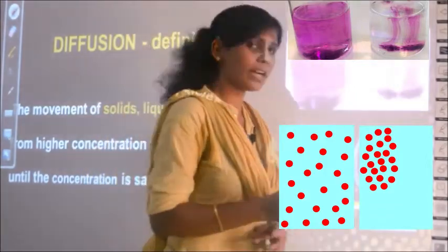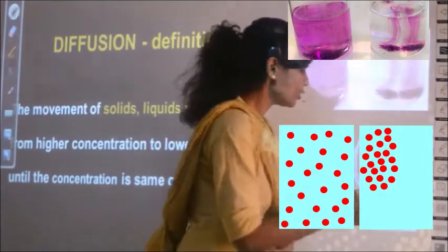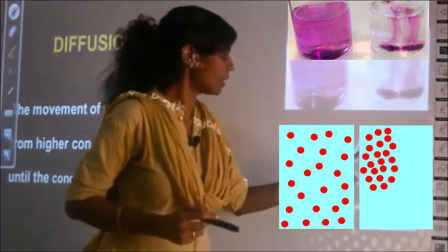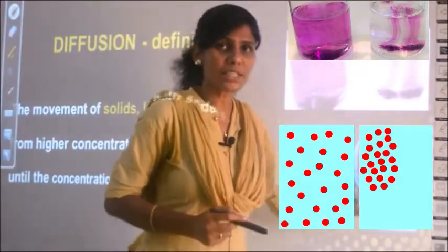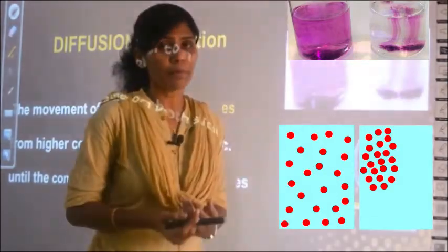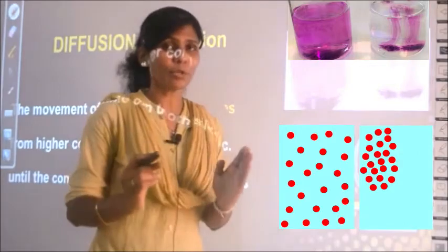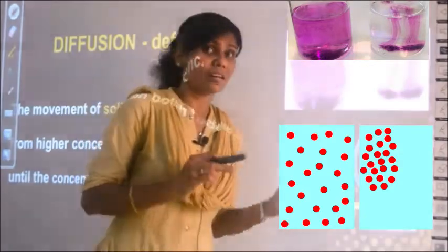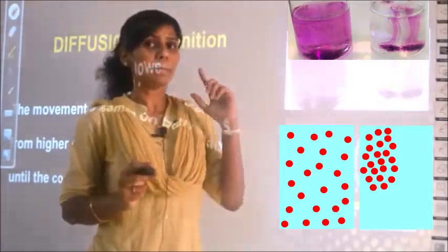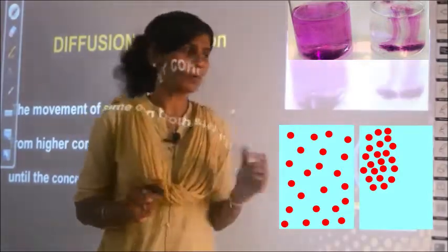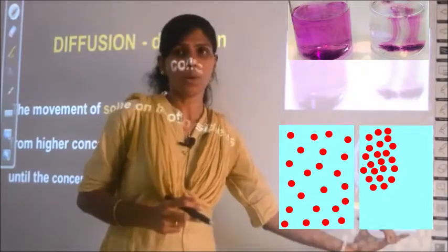There is no molecule at all. So these molecules which are high in number will move to the place where it is low in number. That's why in the rule I told you, remember for diffusion: high to low. So from high number to low number.